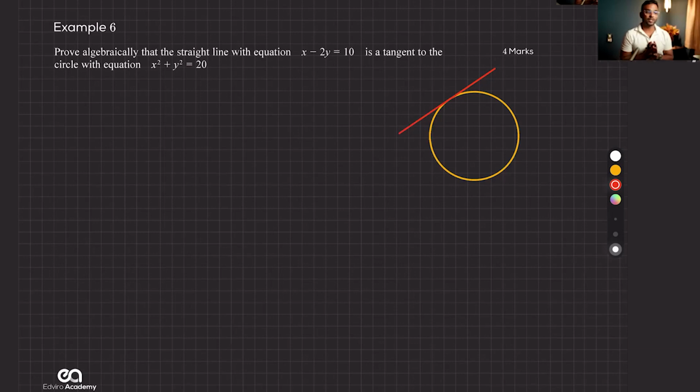There are 2 ways to do this, but I want you guys to think about it. How can we prove? Can you give me some idea, guys? How can we prove that this red line with an equation x minus 2y equals 10 is a tangent? Okay, Furkan, maybe, and then what?